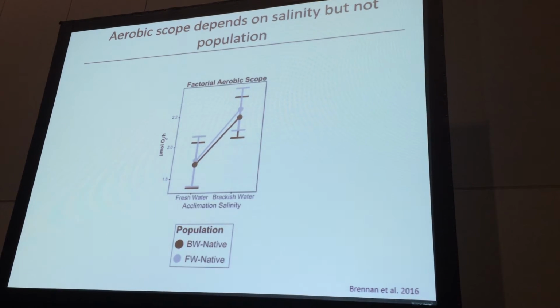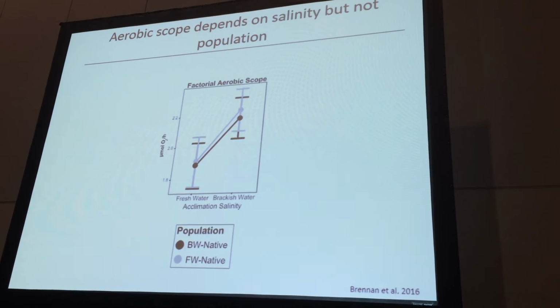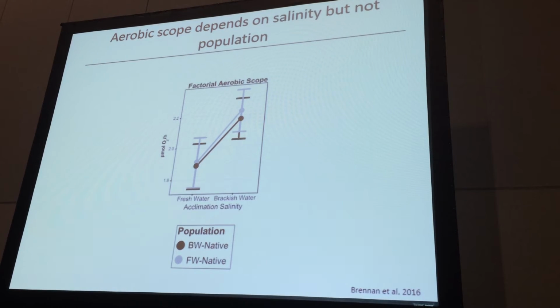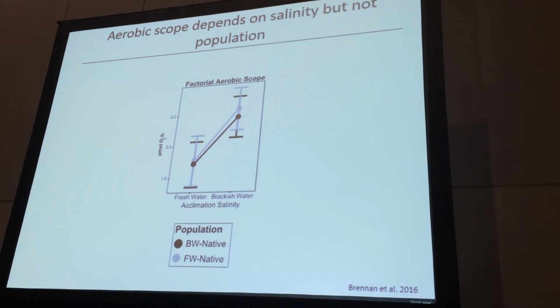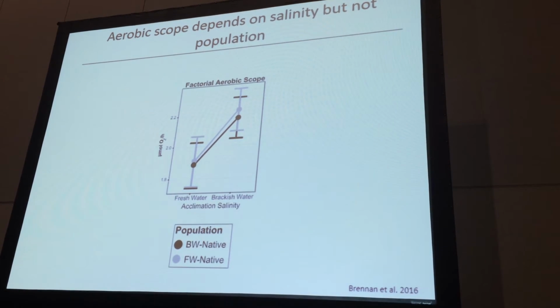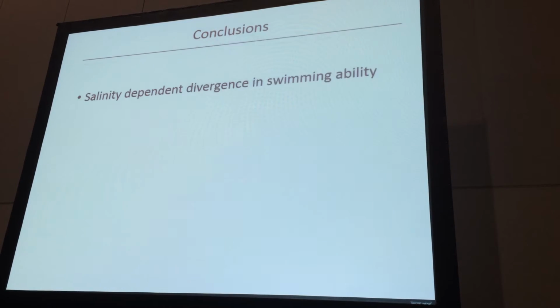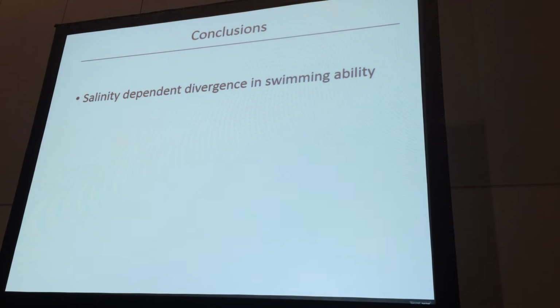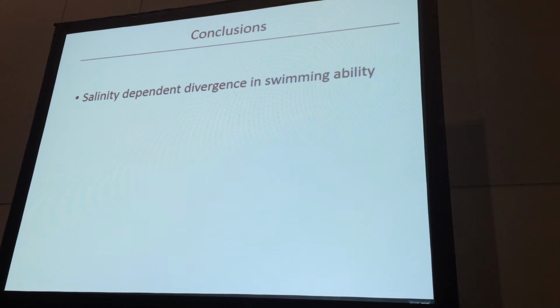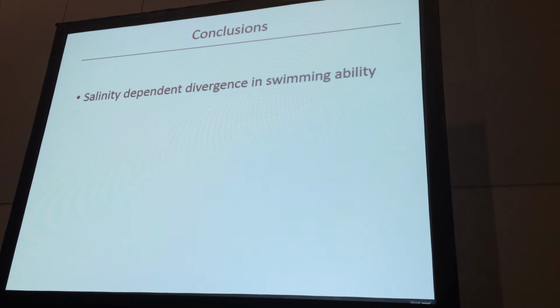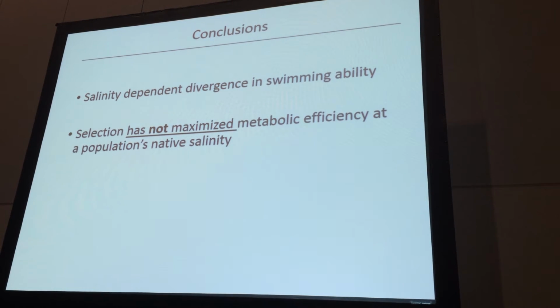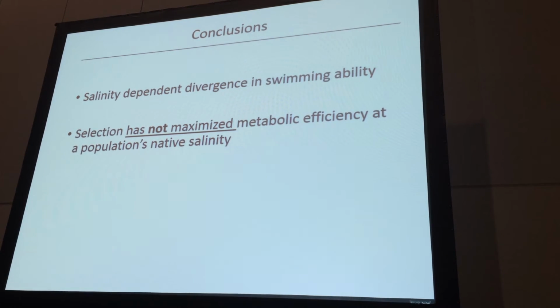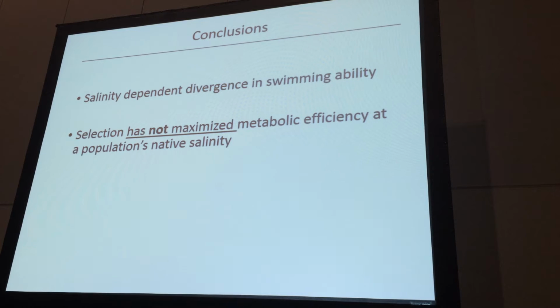We think that probably the performance differences are being driven by some anaerobic processes that we didn't really capture in this study, and we have some hypotheses about what might be driving this as well. To conclude this section, we have found that there's salinity-dependent divergence in swimming ability, which suggests local adaptation. But this is not being driven by metabolic efficiency, at least aerobic metabolic efficiency.